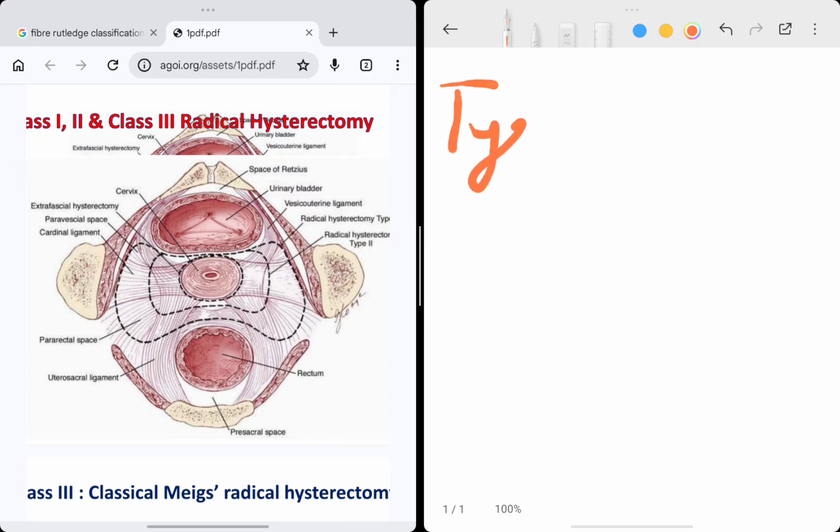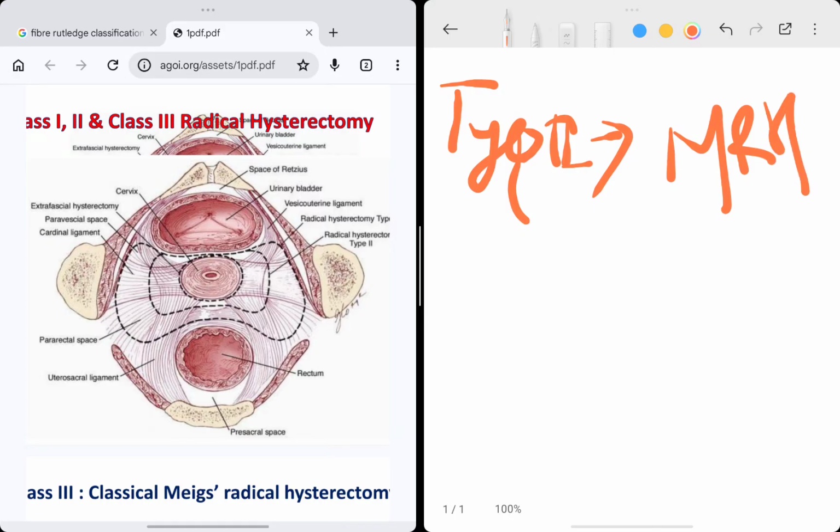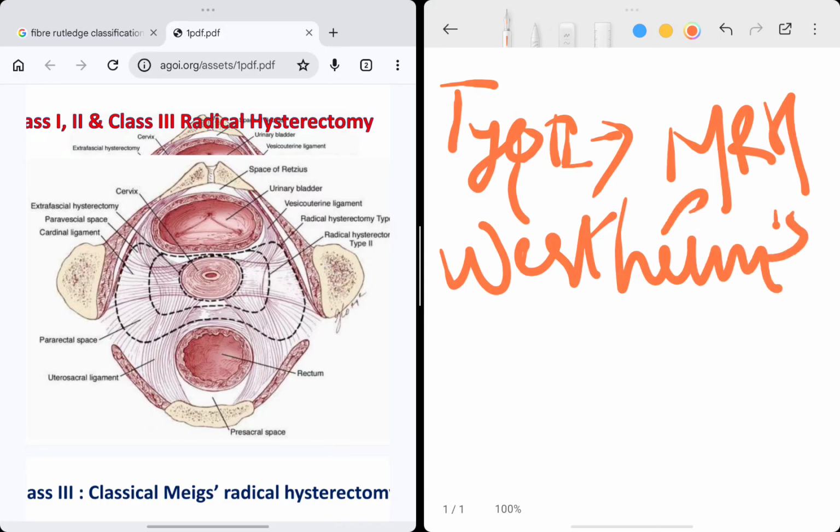Now coming to type 2 hysterectomy. Type 2 hysterectomy is modified radical hysterectomy. This is also known as Wertheim's hysterectomy. So this is the Wertheim surgery. In this, the upper 1 to 2 centimeter of the vagina is removed.